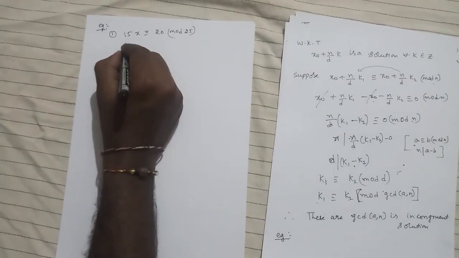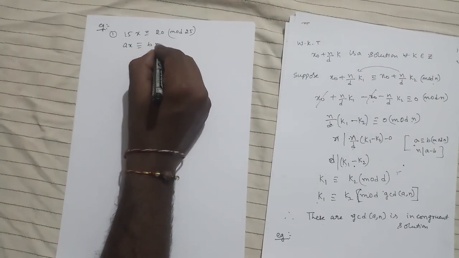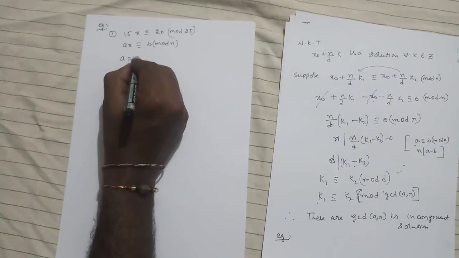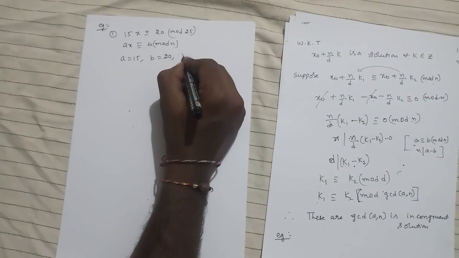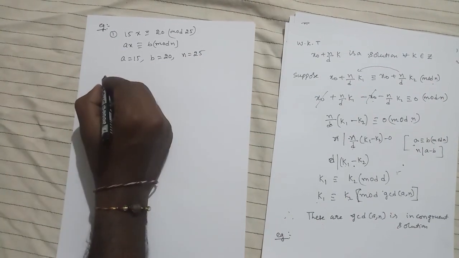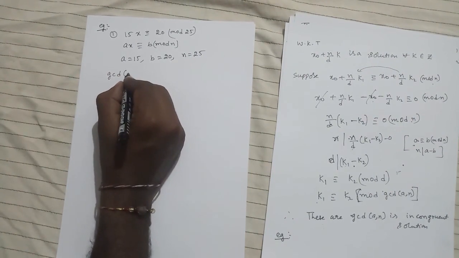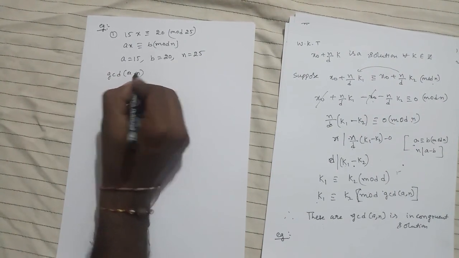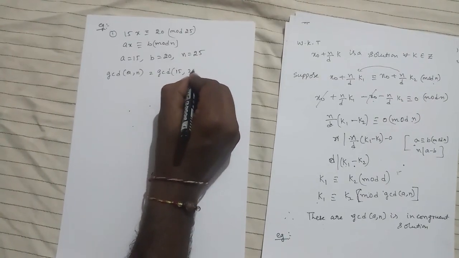So here it is in the form ax is congruent to b mod n. So a is 15, b equals 20, and n equals 25. Now you have to find out the GCD of a comma n, so GCD of 15 comma 25.